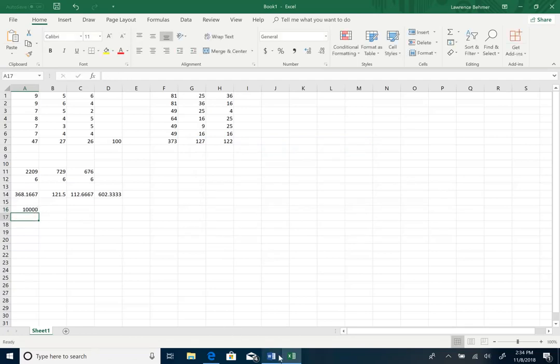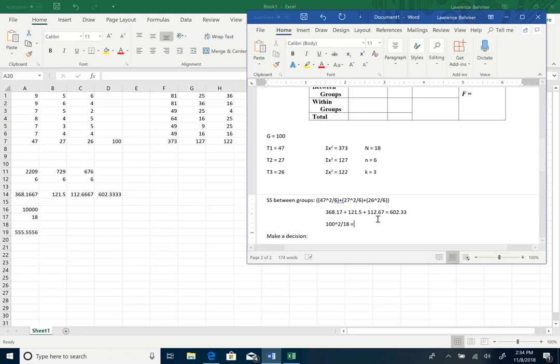And what's our number? It's 18. So that 100 squared is 10,000. So we're going 10,000 divided by 18. And that gives us 555.56 if we round it up.